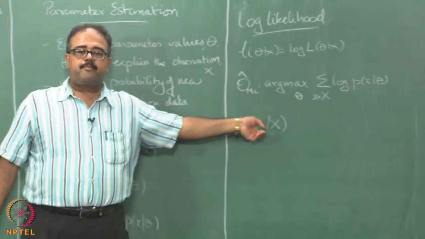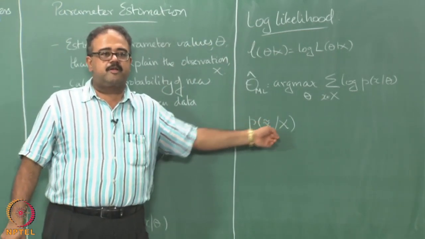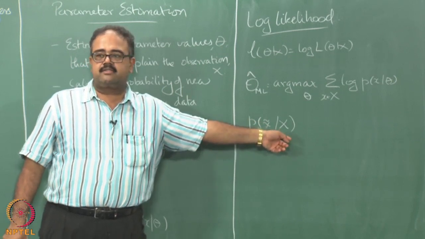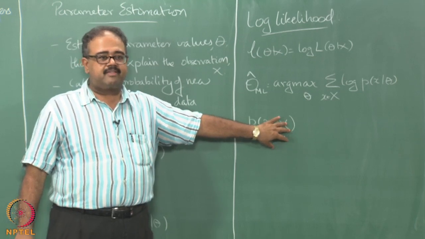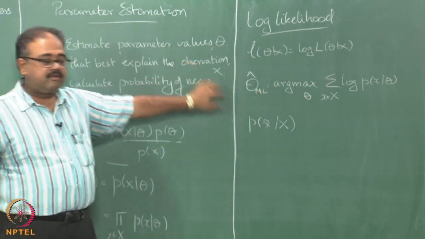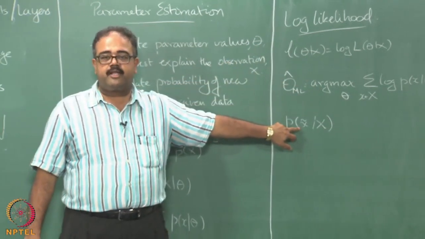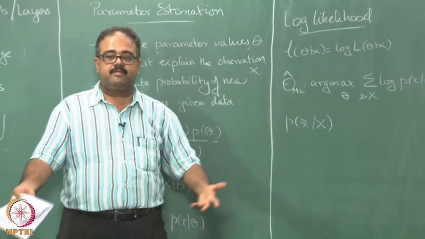So suppose the new data point x tilde comes, what is the probability of x tilde given that I have already been given some training data x? I am asking you what is the probability of this new point x tilde, so what will be the probability?